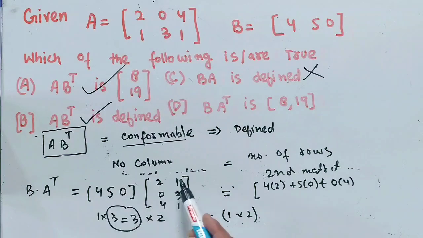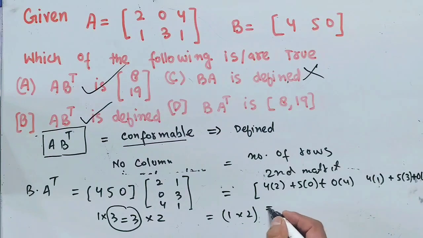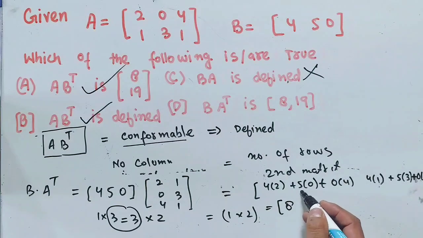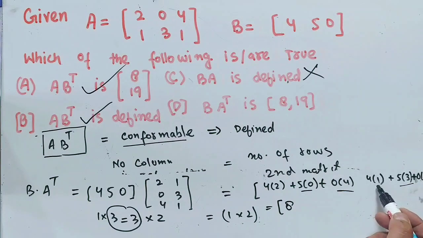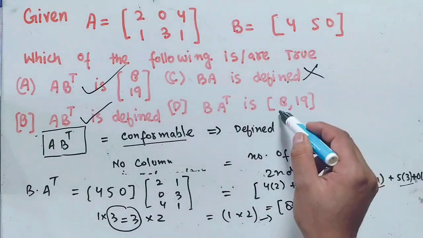So now we have 4 into 1 plus 5 into 3 plus 0 into 1. So 4 2s are 8, this is 0, this is 0. Here we get 5 3s are 15 plus 4 is 19. So we get 19. Here you can see the order is 1 into 2, 1 row and 2 columns. So this option is also correct.